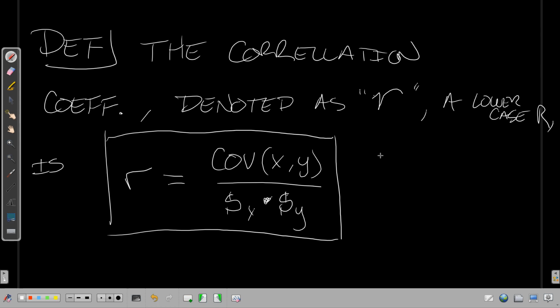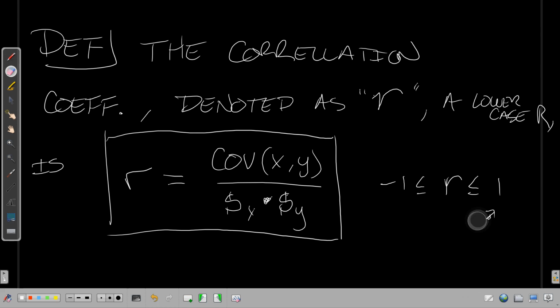So this is r. And recall that r lives between -1 and 1. Where if it was equal to 1, it would be a perfect positive correlation, and all of those pairwise data would be right on some line.